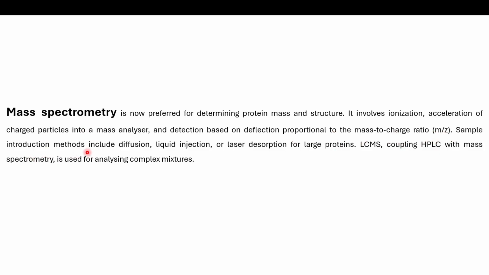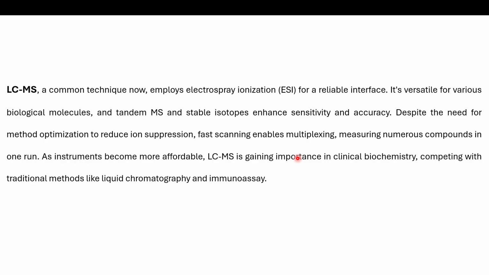Now, sample introduction methods. Mass spectrometry can have different types based on how you are introducing the sample inside the mass analyzer. It can be diffusion, liquid injection, or laser desorption for large proteins. There is something called LCMS, which is a very common technique.